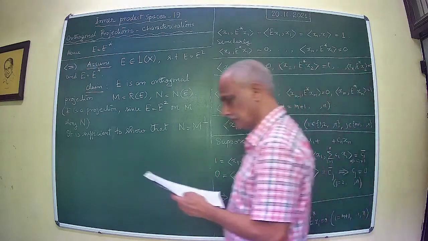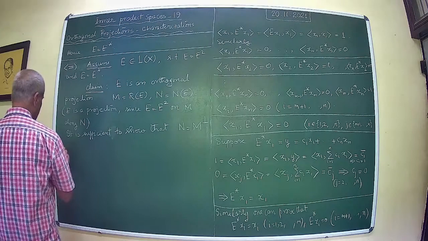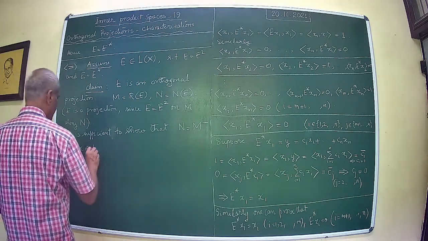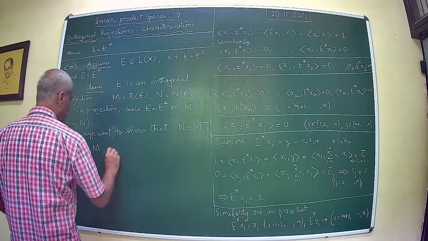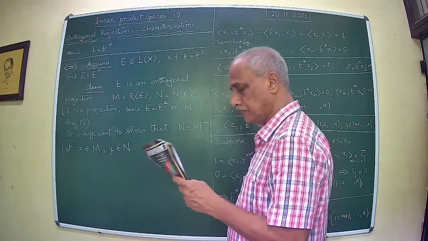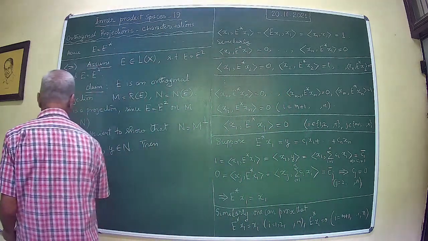So let x and y be in M and N respectively. Then we have the inner product of x with y.